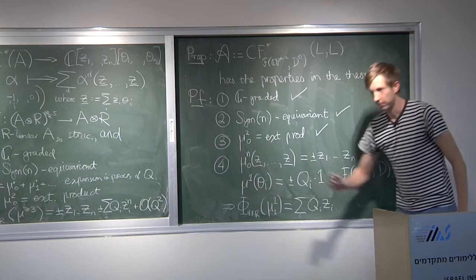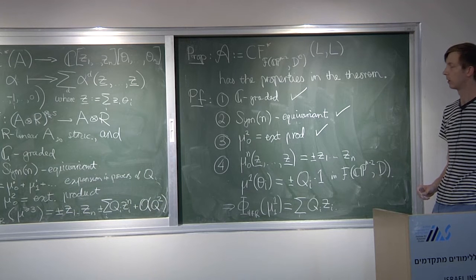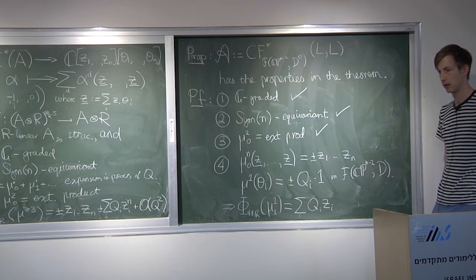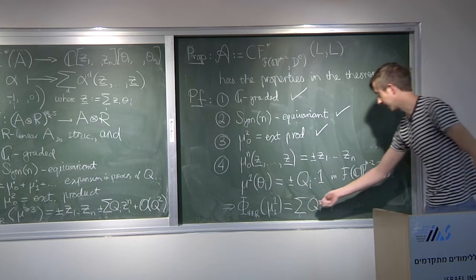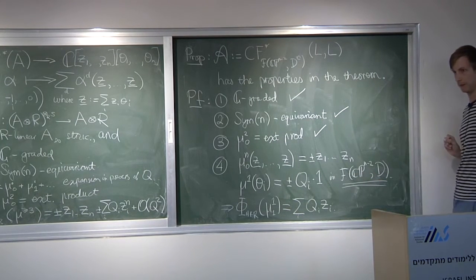And that... But this one works. We have two different infinity algebras. One with d, the other with dn. That's right. When you write here, is it in d or dn? This is in d. Okay, fine. Yeah.